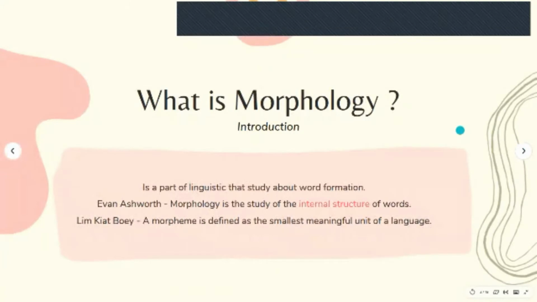Next, what is morphology? It is a part of linguistics that studies word formation. According to Ashworth, morphology is the study of the internal structure of words, and Lim Kett Boy said a morpheme is defined as the smallest meaningful unit of a language.